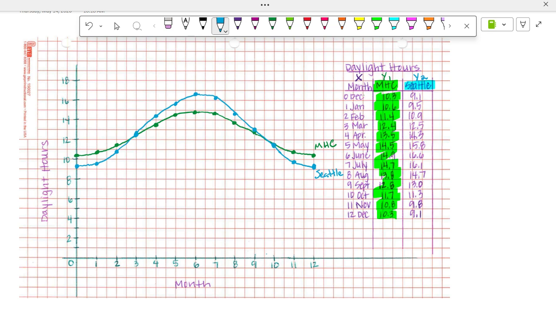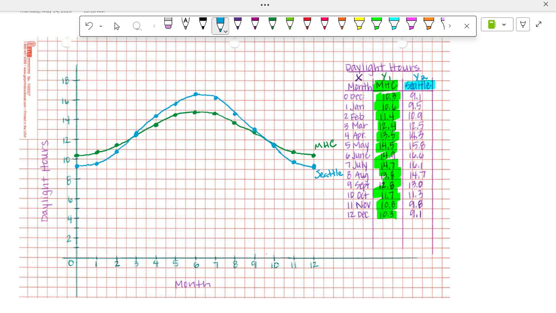It looks like most of you are wrapping up your graph. So your Seattle graph should look something like this. As long as it's close to that, it's going to be a little bit higher than the Moorhead one, and it goes a little bit lower.